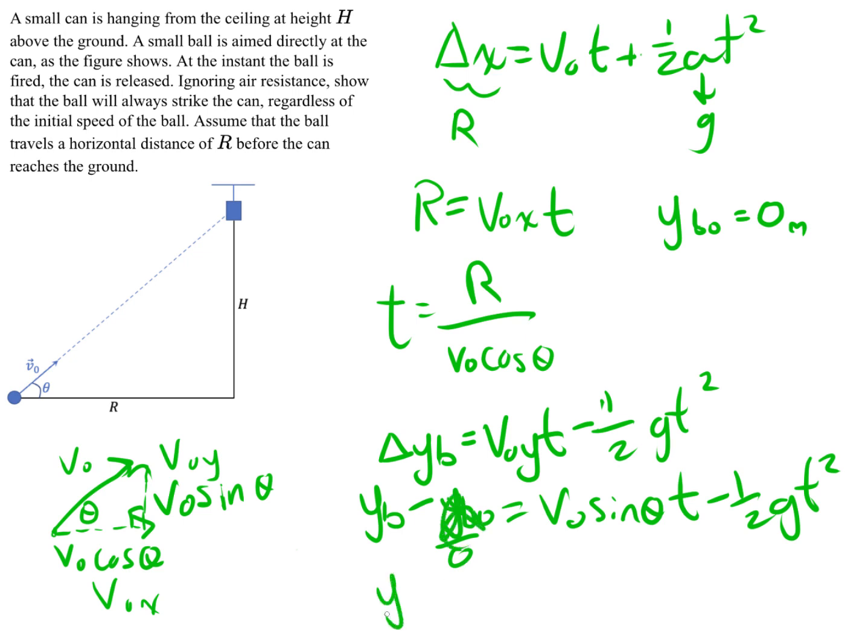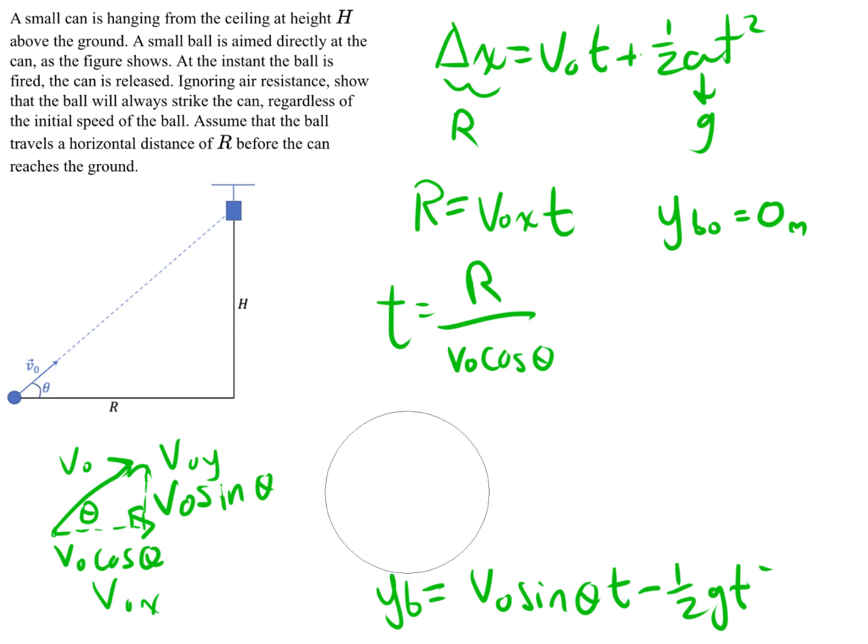From that, we get that the y position of the ball is simply the initial velocity times the sine of theta times the time, minus 1/2 g t squared. We're going to substitute everything for the time later, but I'm not going to substitute it yet, and you'll see why in a second.